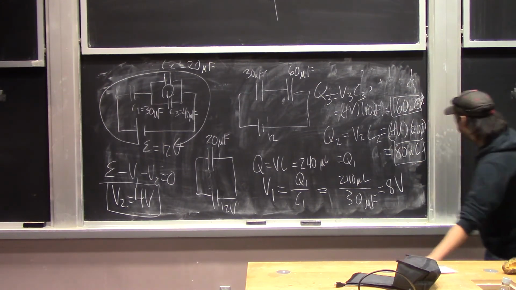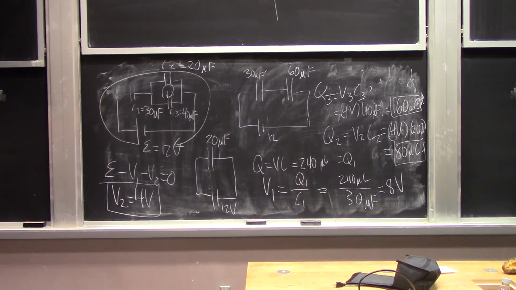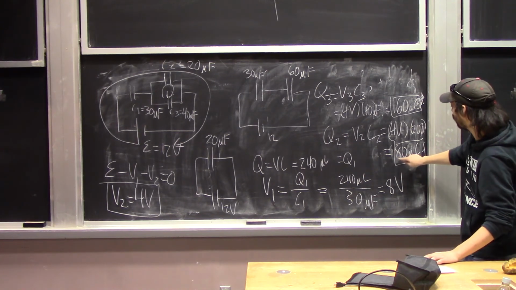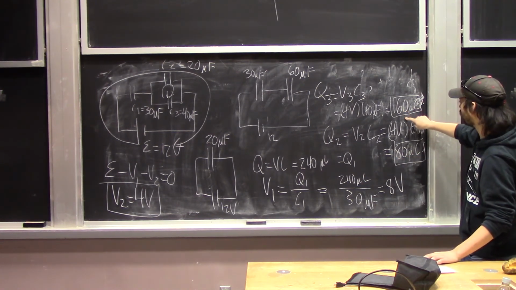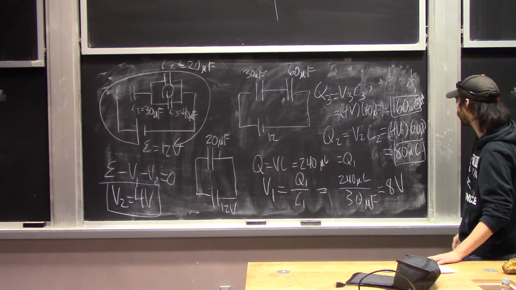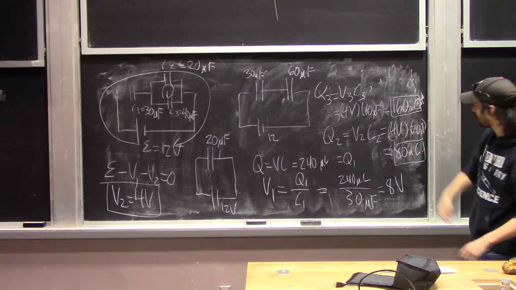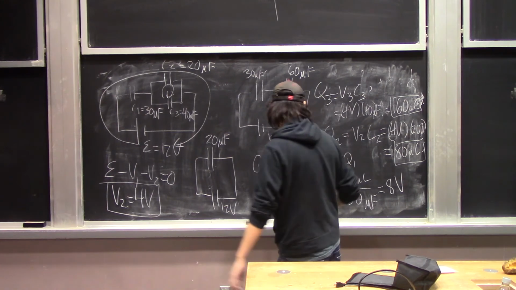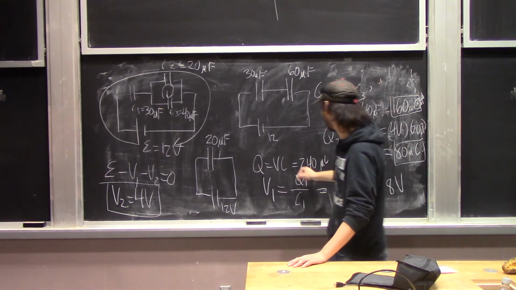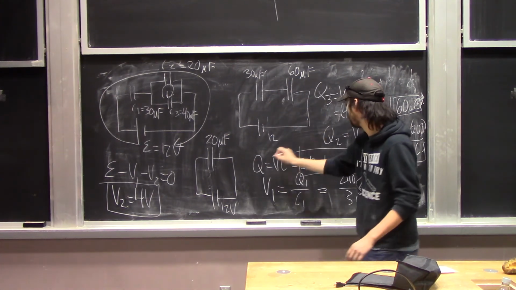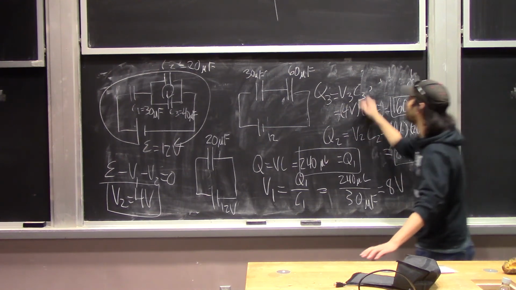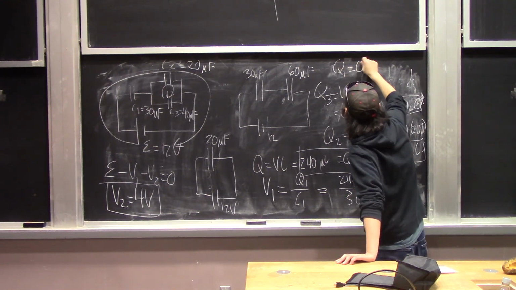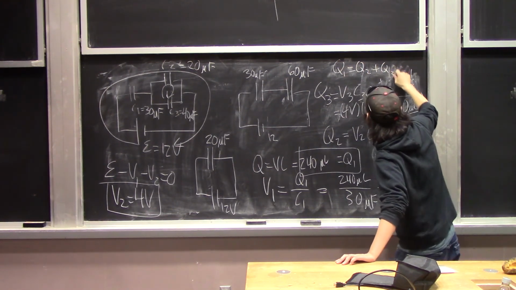Now, the interesting thing here is that when we add Q2 to Q3, Q2 is 80 microcoulombs and Q3 is 160 microcoulombs, we get 240 microcoulombs, which is the same as what we found for Q1, right? So Q1 was 240. What this says is that Q1 is equal to Q2 plus Q3.